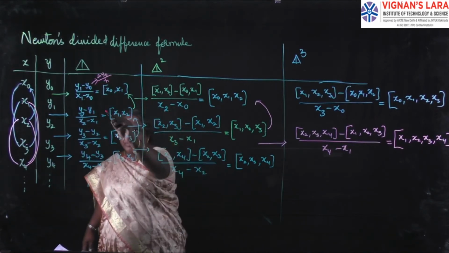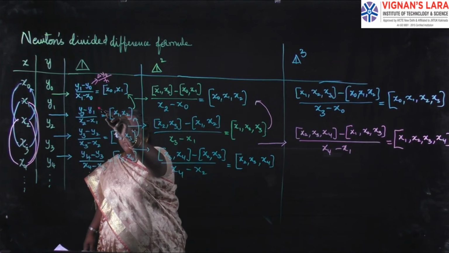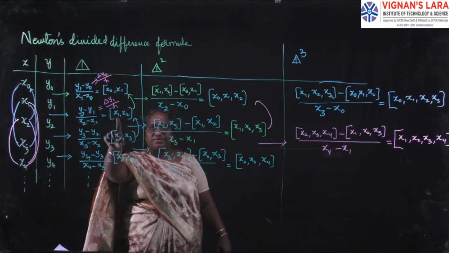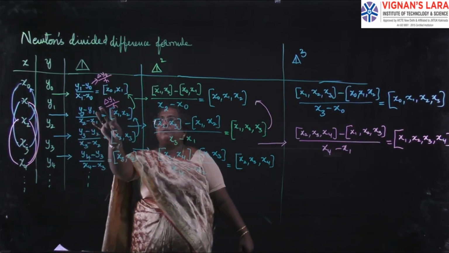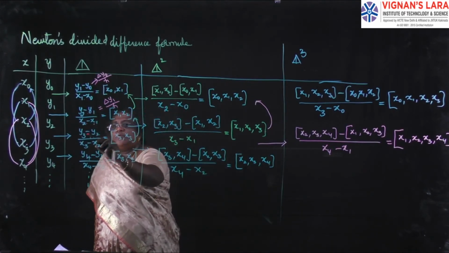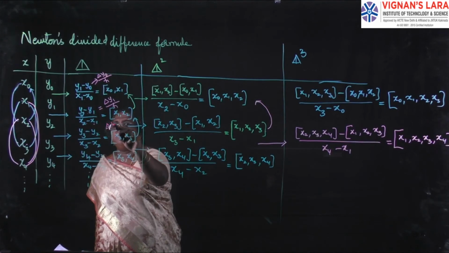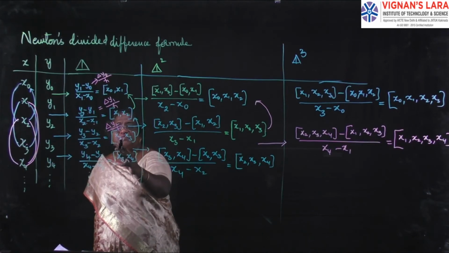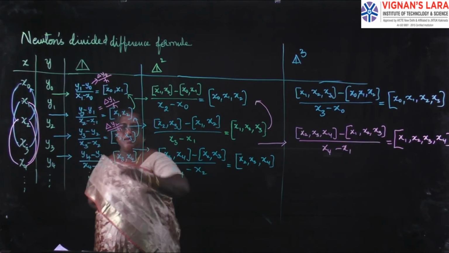Similarly, y2 minus y1 is del y1, and x2 minus x1 is h, so the first divided difference of x1, x2 is del y1 by h. Similarly, y3 minus y2 is del y2, x3 minus x2 is h, so the first divided difference of x2, x3 is del y2 by h.